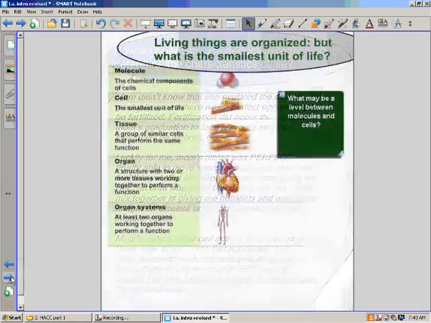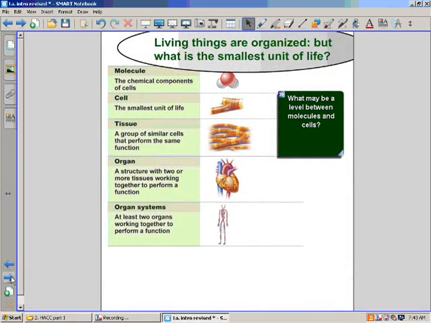Some other characteristics of life. Organization. Living things are organized. Now, in this chart, it's going to start with molecule, but we can even start with something smaller than that, elements and atoms. So atoms like carbon, hydrogen, oxygen, and nitrogen make up things like molecules. Water, for example, ammonia, for example, glucose, sugar, for example.